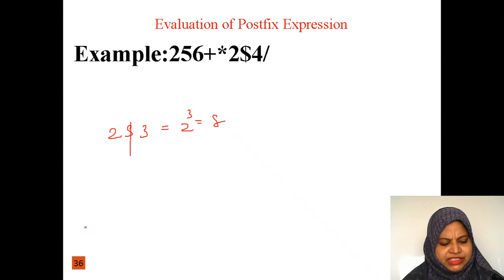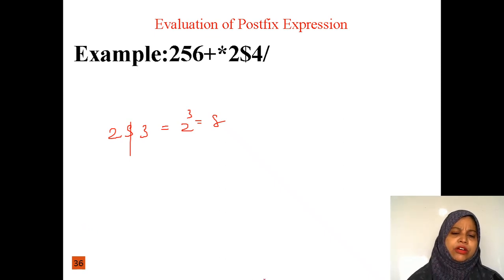Before going to evaluate any postfix expression, I would recall how we evaluate it. Whenever we evaluate any postfix expression, we use stacks.